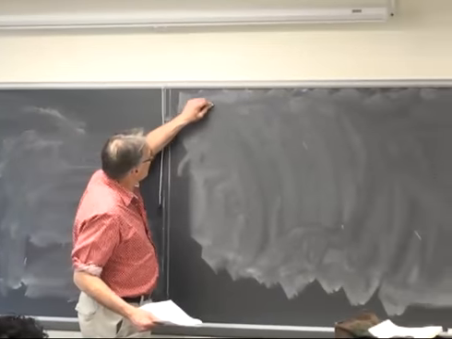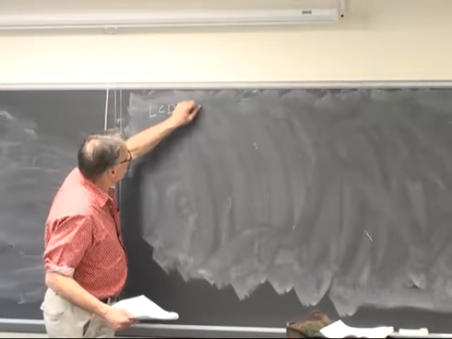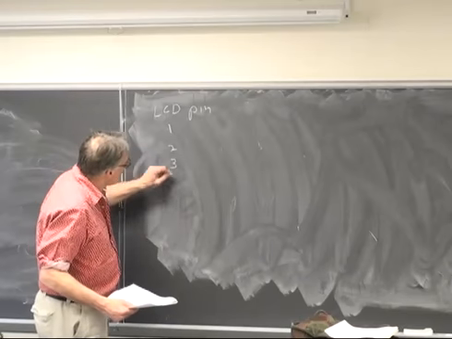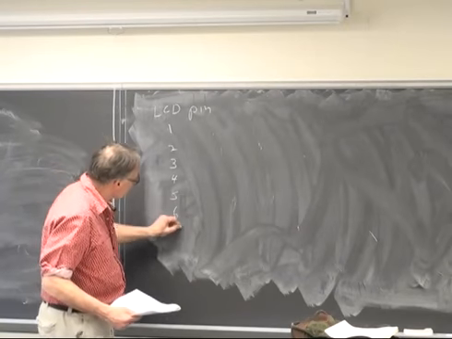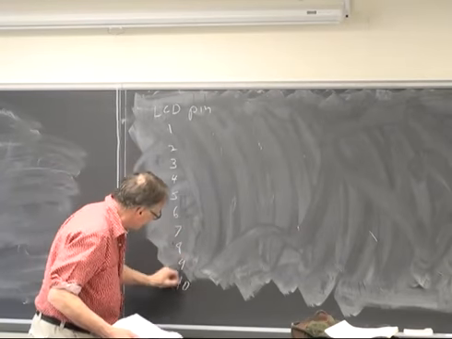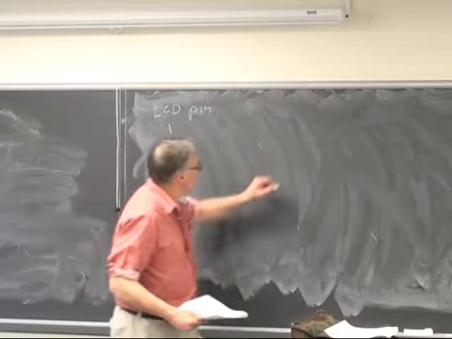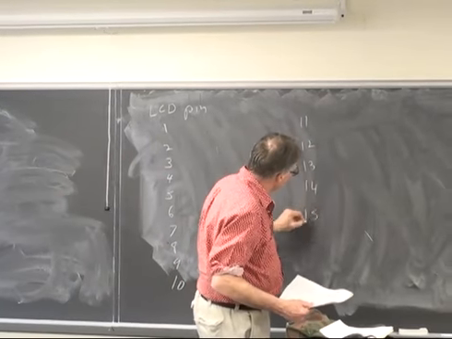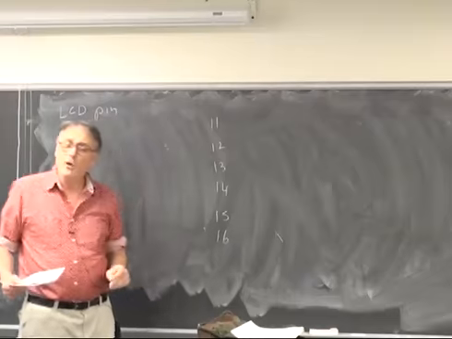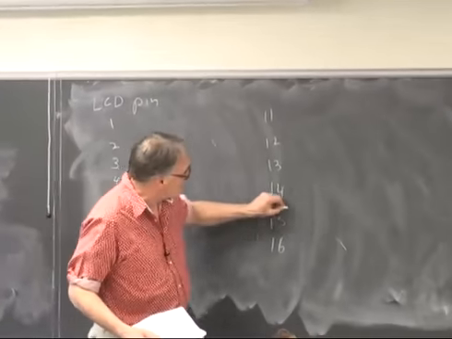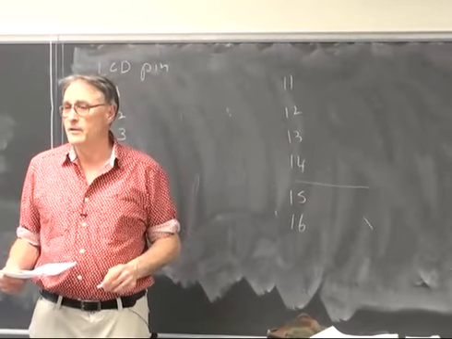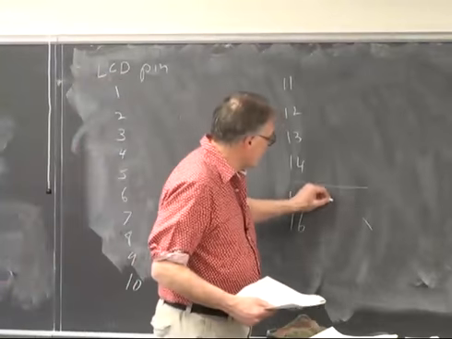So if we lay this out as LCD pin 1, 2, 3, 4, 5, 6, 7, 8, 9, 10, 11, 12, 13, 14, 15, 16. Not all of the LCDs we have have pins 15 and 16, but if they do, you don't want to connect anything to them. So these are no connects.